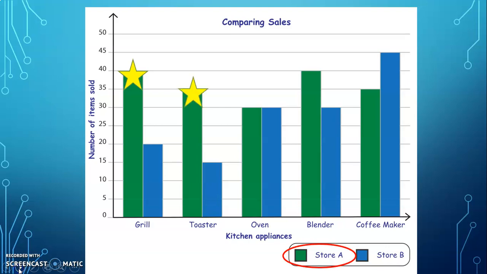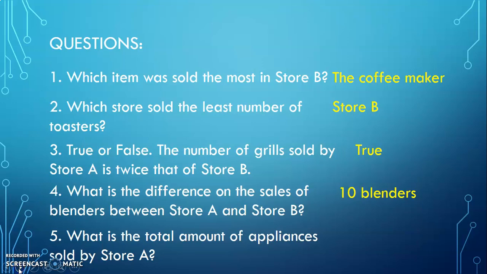Then we go to toaster, add in a 35, which is 75. Add the oven, which is 105. Over to the blender, which is an extra 40, so 145. And then we add 35 coffee makers, which makes it 180. So the total amount of appliances sold by store A is 180.